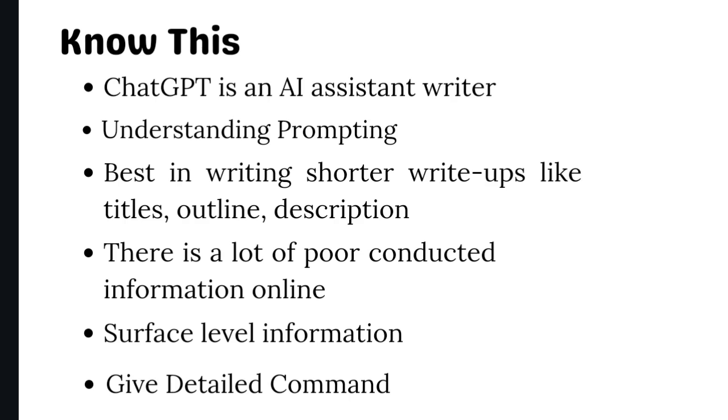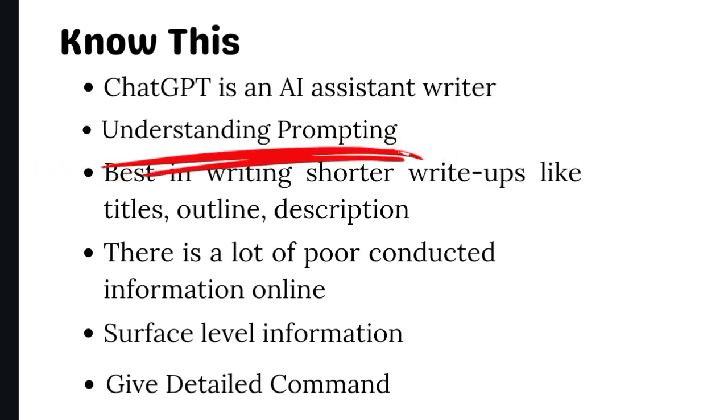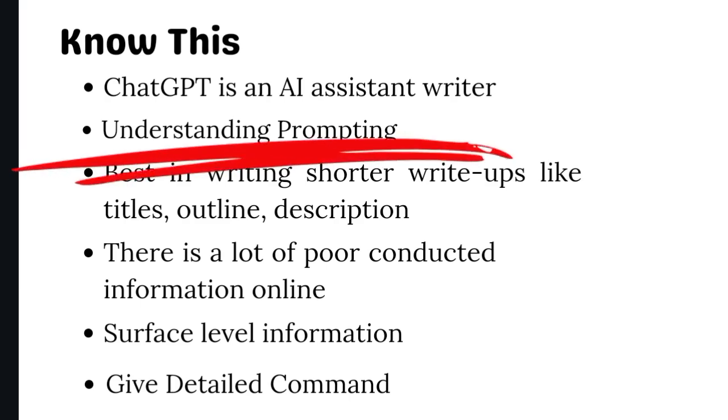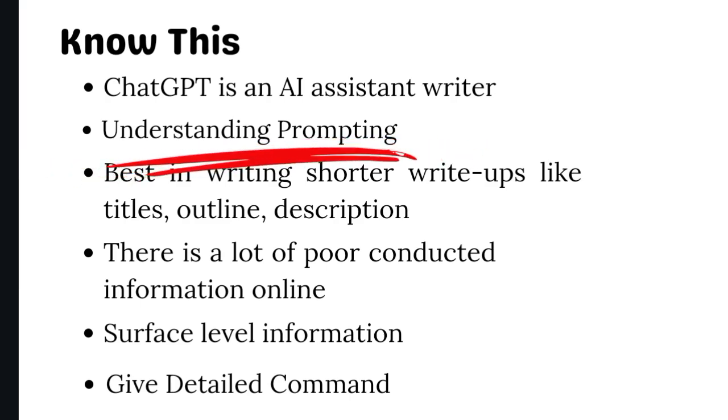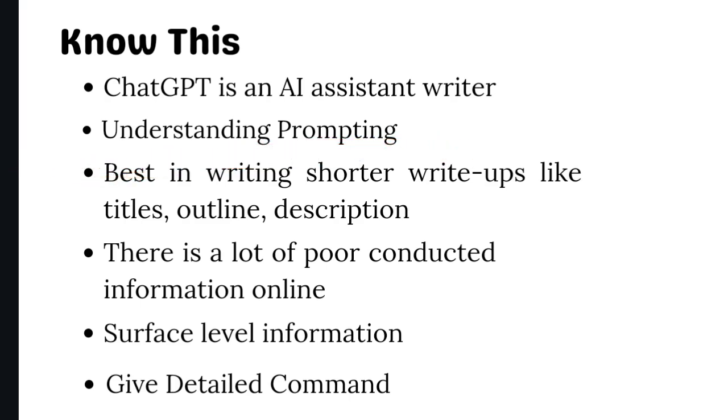Another thing I want you to understand is prompting. Understanding how you give ChatGPT instruction is one of the key things in using ChatGPT effectively. The way you frame your questions, your commands, your instructions make a world of difference in terms of the quality of the content ChatGPT is going to provide for you.